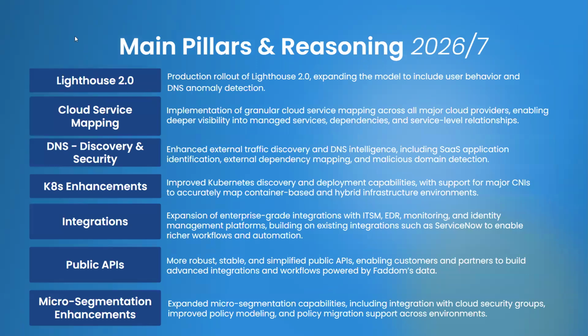Okay, we can drill down a little bit just to give you an understanding of what we are building next. Around Lighthouse 2.0, first of all, we have Lighthouse currently in production. It's live. If you do want to join the waiting list, you are more than welcome. Lighthouse is our traffic anomaly detection module that essentially sits on the Fathom infrastructure.